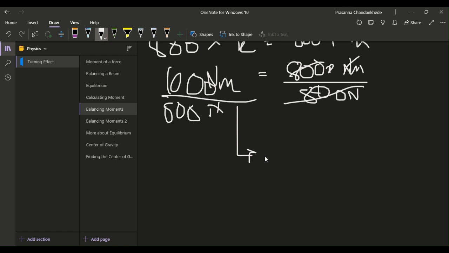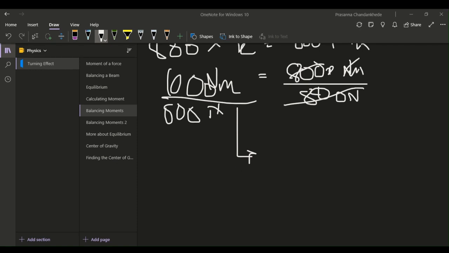Let me use my laptop's calculator. 1000 divided by 800, that'll be 1.25.